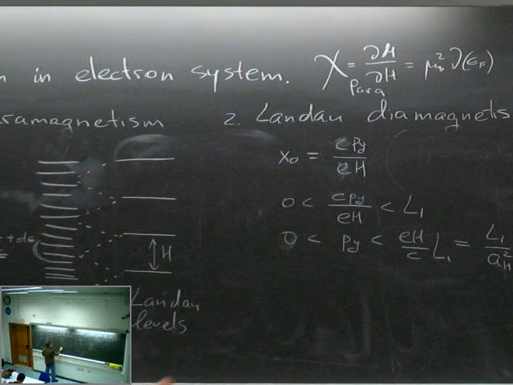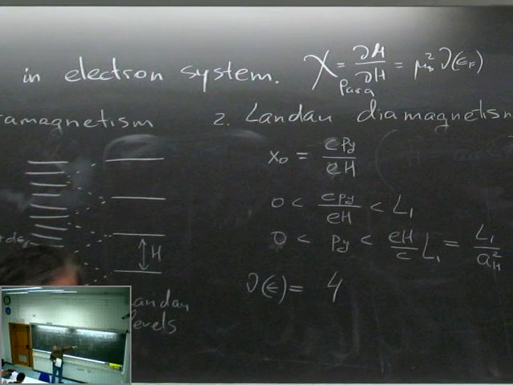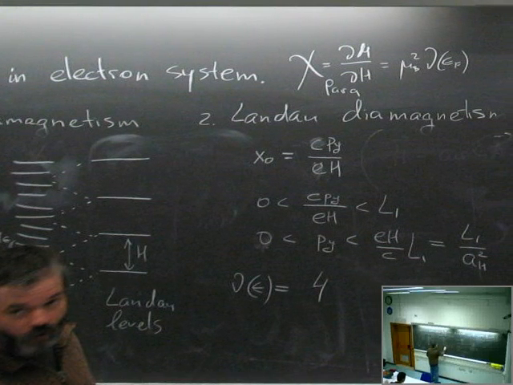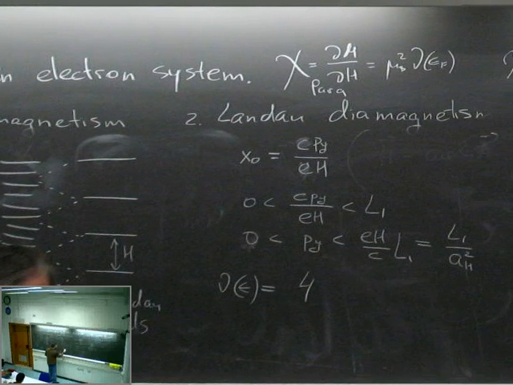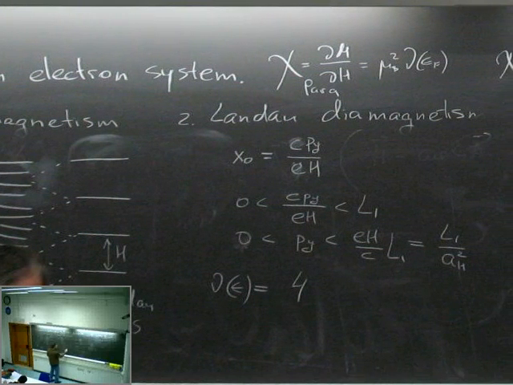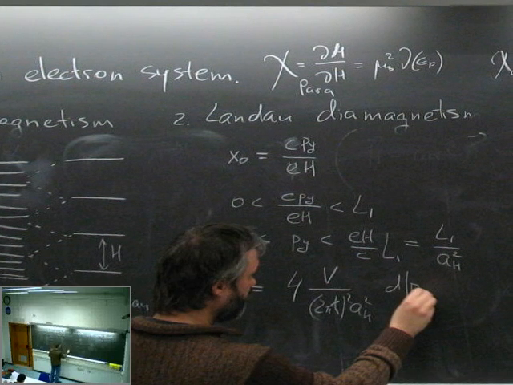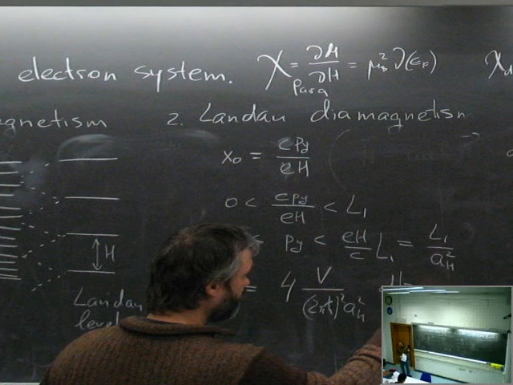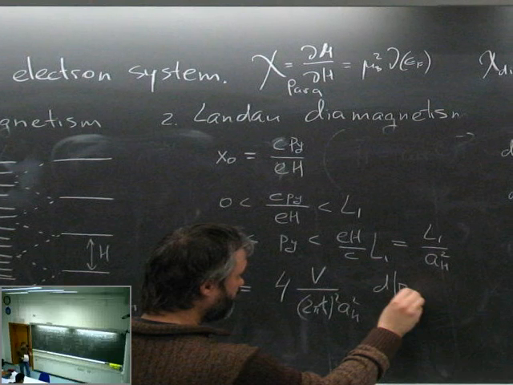It's 4 times. 4 comes because 2 is here, and 2 comes from summation of plus and minus. Volume over 2 pi h squared aH squared, d modulus Pz over d energy, where Pz is given by this formula, so this derivative will give us an inverse square root.